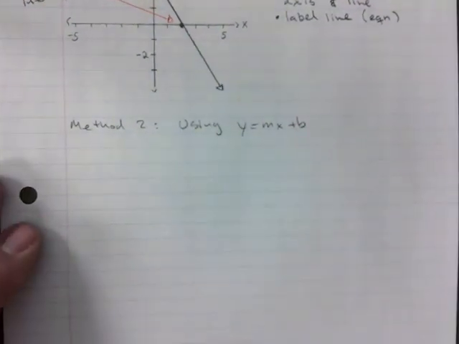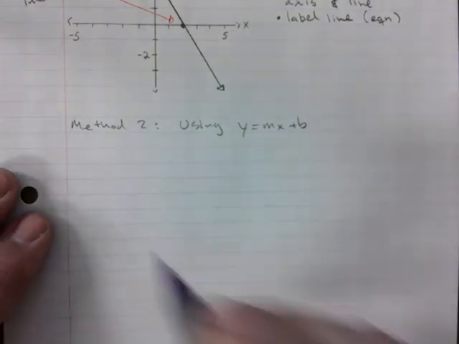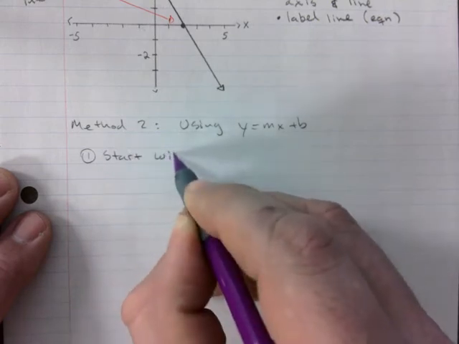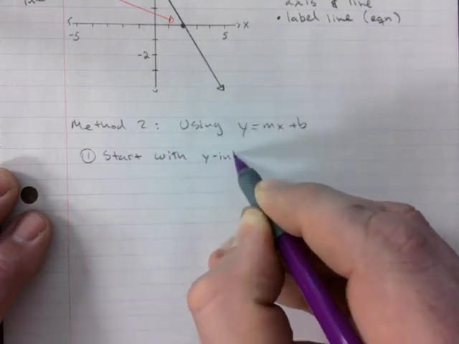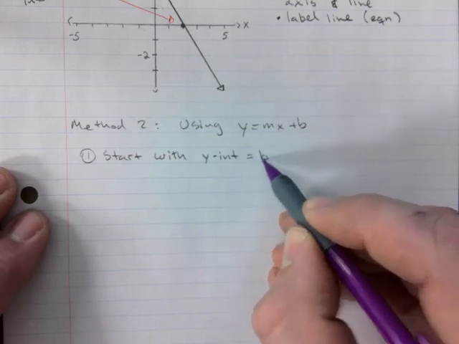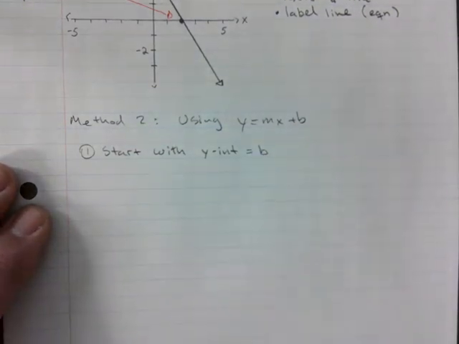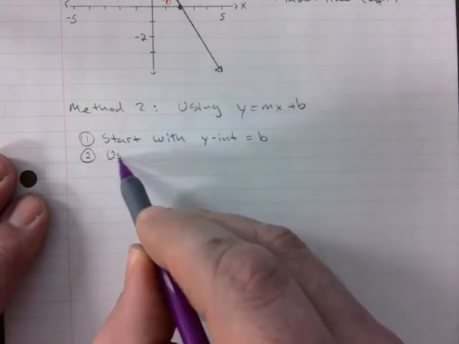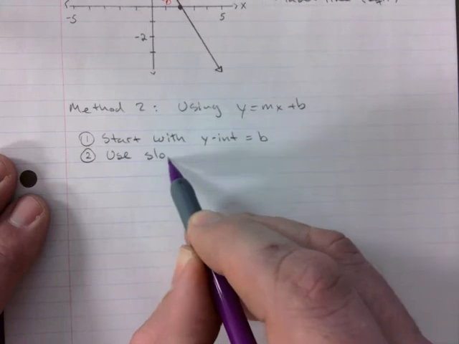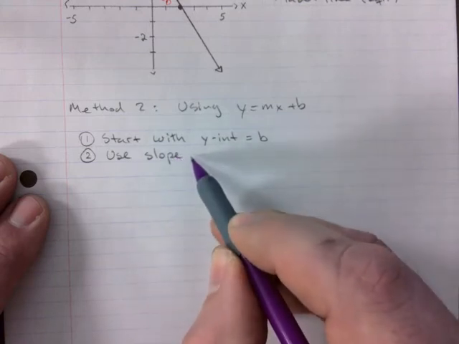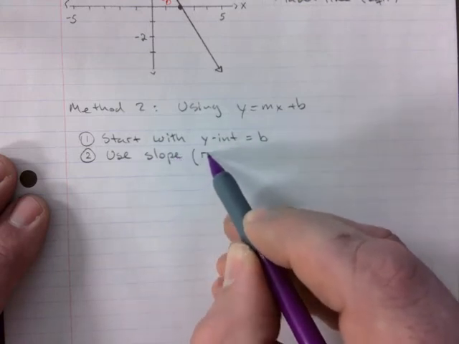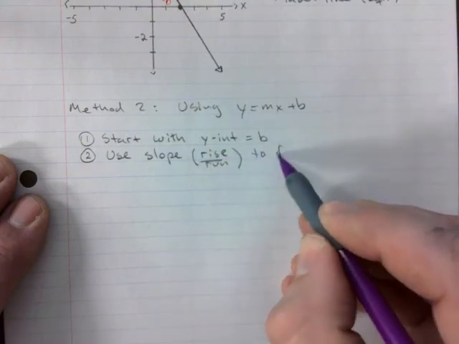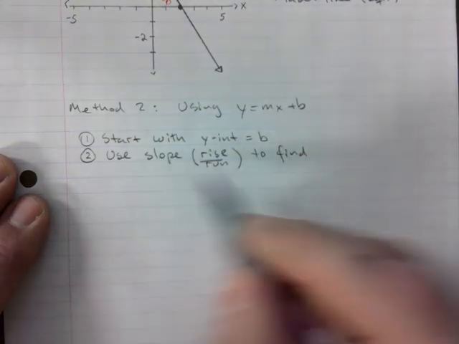It says using y equals mx plus b: start with the y-intercept, which is b, right? Then use slope, rise over run, to find additional points.